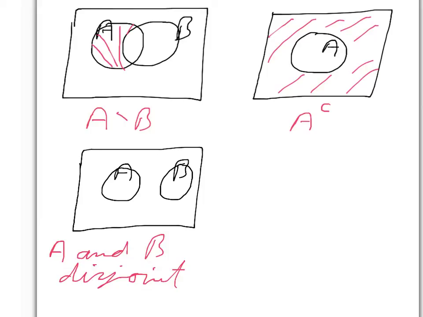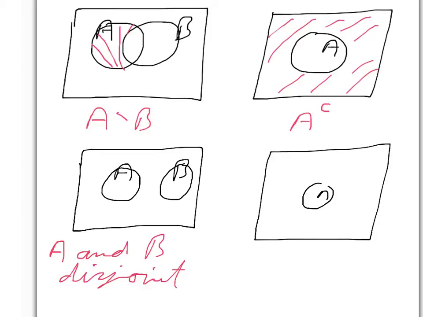And finally, I want to illustrate two sets for which one is a subset of the other. So if A is a subset of B, that would look sort of like this. If this is A, then B would be something like that, if A is a subset of B.